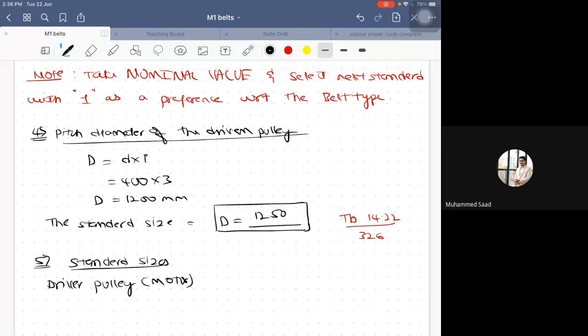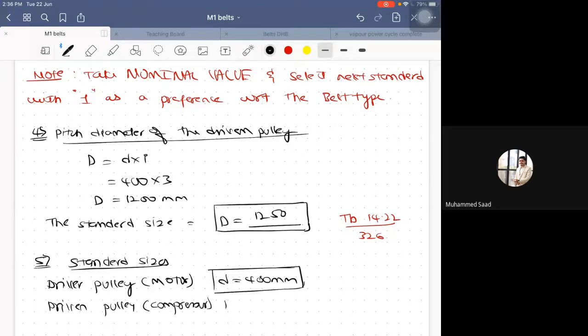This driver pulley should be of 400 mm that you will specify, and you will sign at the bottom. Okay, and the driven pulley, which is of the compressor, should be of how much? 1250 mm.